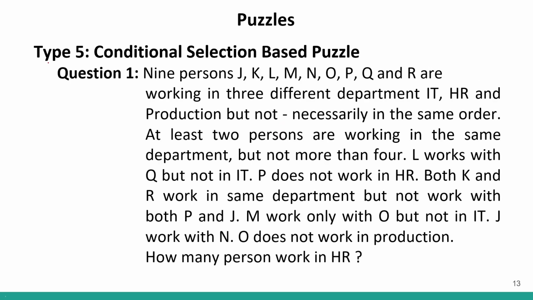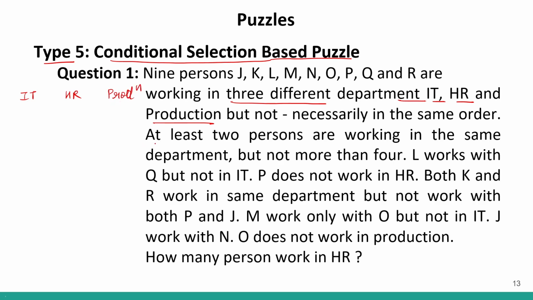Then we have type 5, which is conditional selection based puzzle. Based on this puzzle, I might have 3 questions and we will answer them. Now, 9 persons are given and they are working in 3 different departments, IT, HR and production, but not necessarily in the same order. In this we have 9 people working.